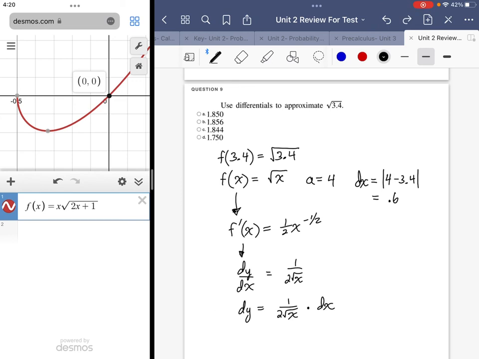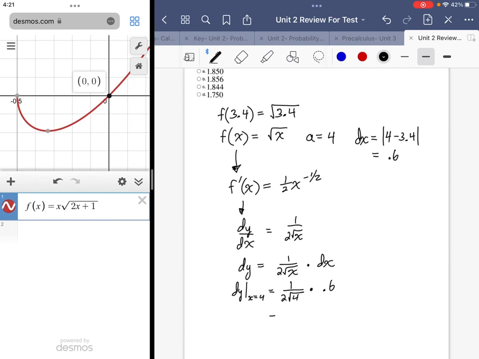All right, so now we get into some substitutions, because we can plug in our nice number evaluated, which would be 1 over 2 radical 4 times the 0.6. Now that 0.6, just for the sake of being able to do this reasonably easily, is the same as 3/5. So we'd have 1/4 times 3/5, which would be 3/20.